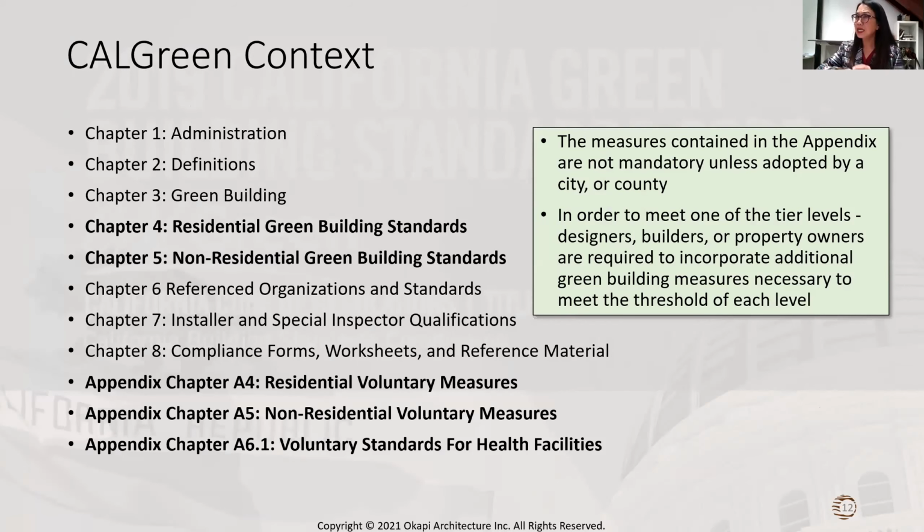So we move down into the CALGreen context because I'm really watching my time. If you look at CALGreen, for all the codes that I've been really into, it's actually one of the pretty easy ones. You look at it, it's really 8 chapters. We will focus on 4 and 5 because they are really the meat of the code.